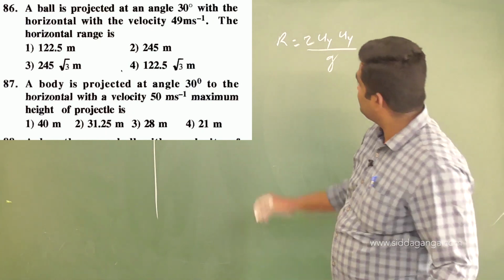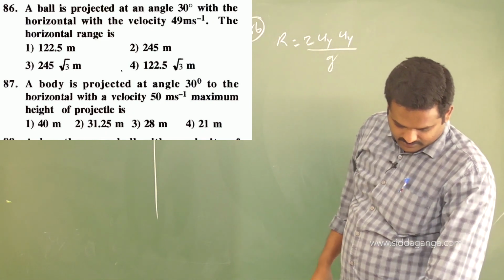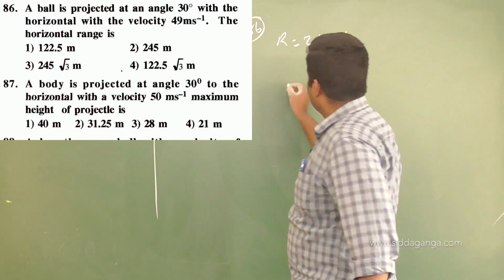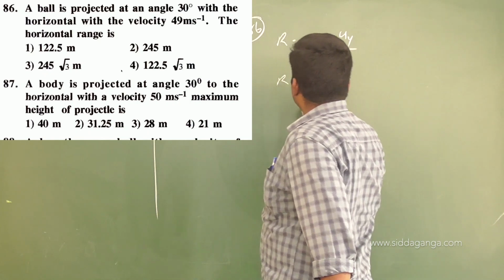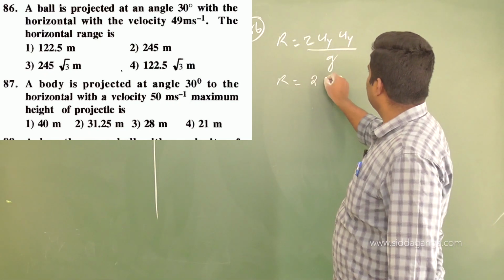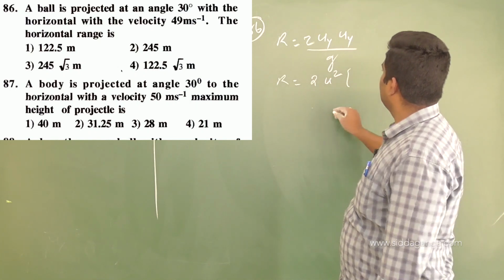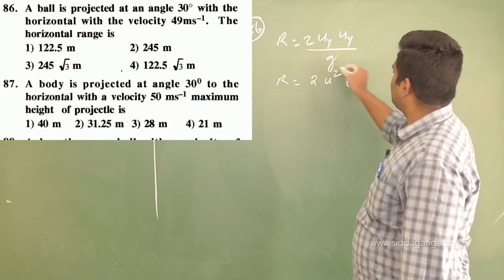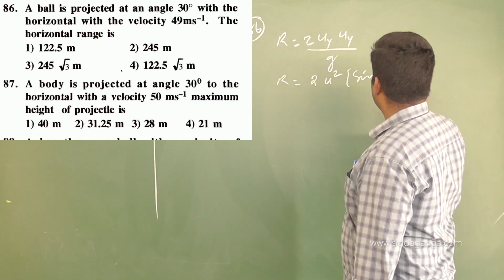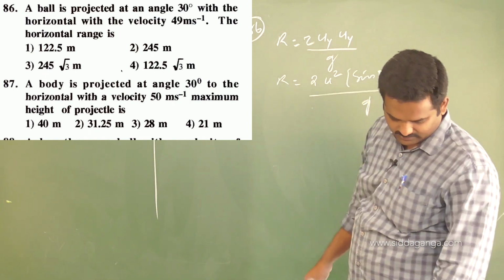They have given problem 86. u is 49 and theta is 30. R equals, or directly you can do 2 into u square into sin theta into cos theta divided by g.